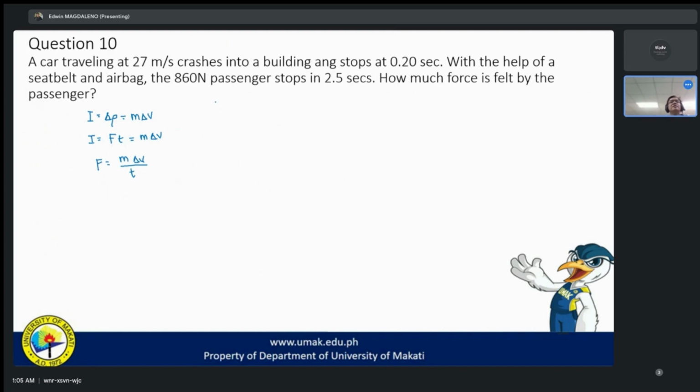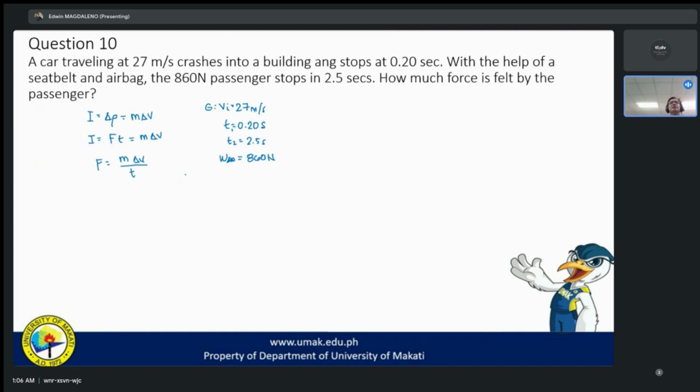Ang given natin sa problem is the initial velocity, which is 27 meters per second, time 1, which is 0.2 seconds, time 2, which is 2.5 seconds, and the mass of the body, which is the weight of the person, 860 Newton.